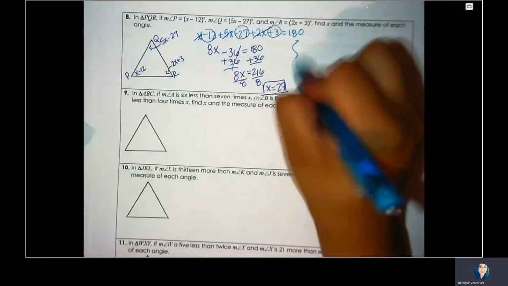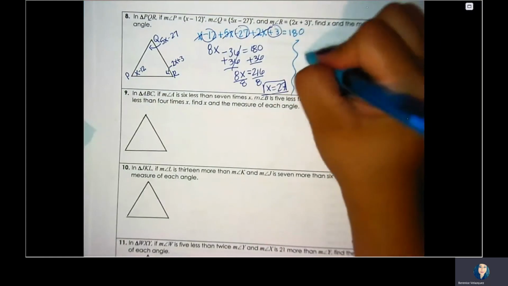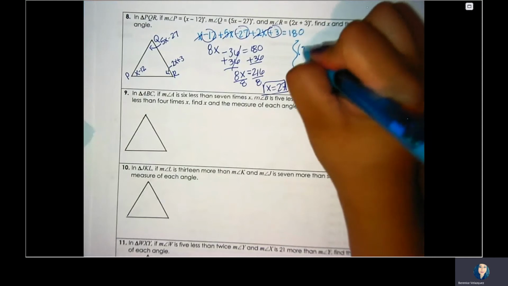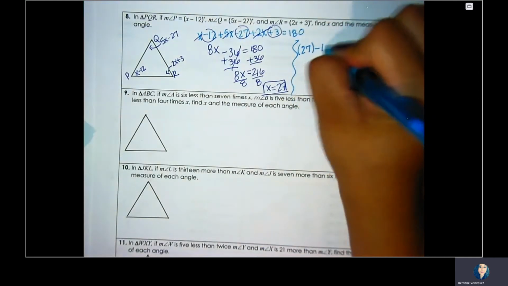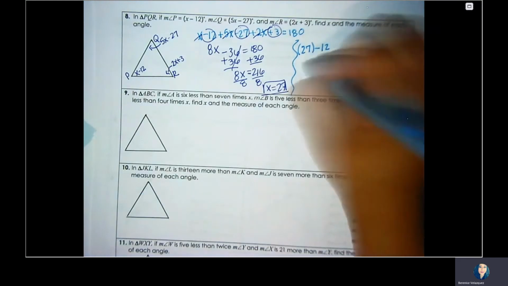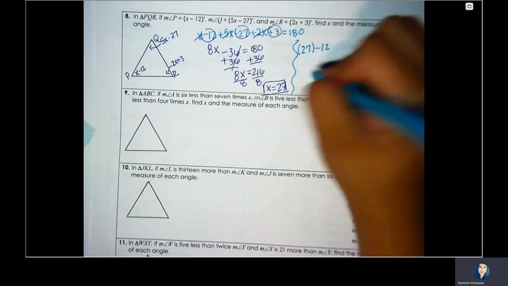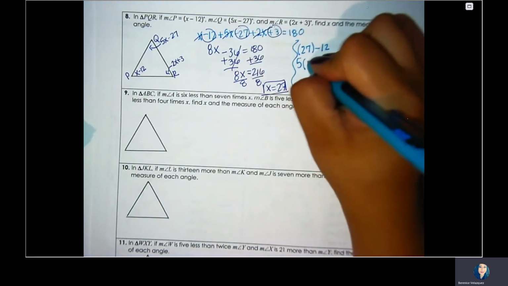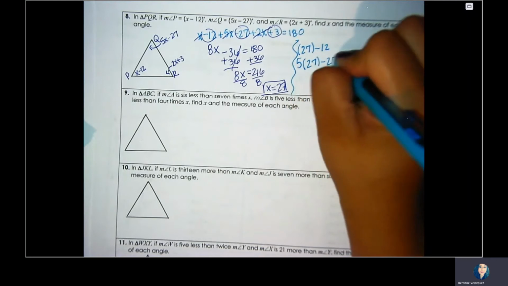Now remember, you have to plug this back in. So you're going to plug it into each one. So I'm just going to write out here in order. First I plug it into angle P. So that's going to be 27 minus 12. Then I plug it into Q. So that's going to be 5 parentheses 27 minus 27.